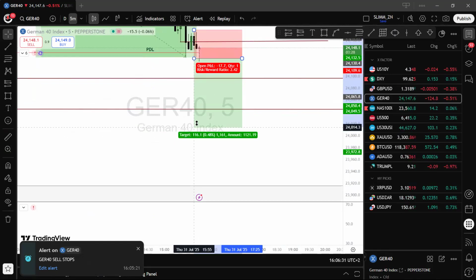If you notice, our TP is also back where we want it.